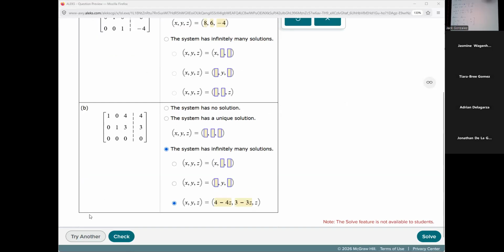Okay, so on this one, notice that the Z column has no solution, so it's going to be the infinite case, just like the other example. So change these two equations first. So 1x plus 4z.